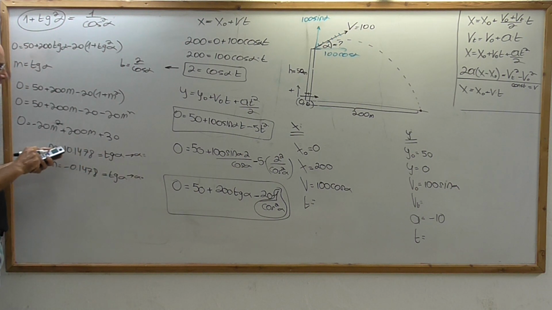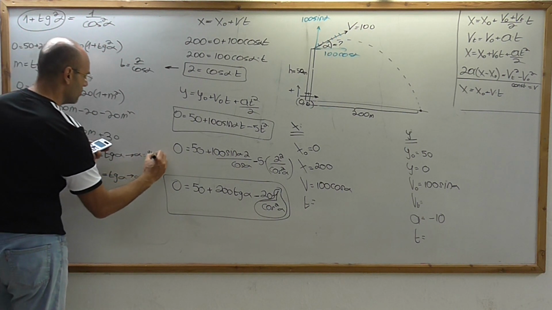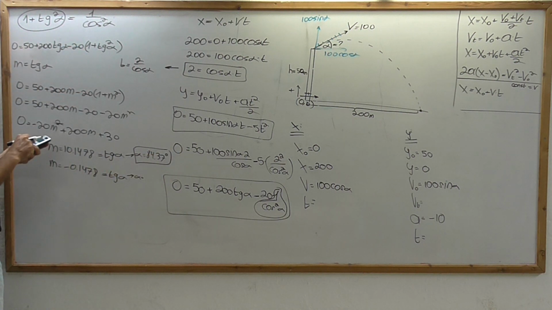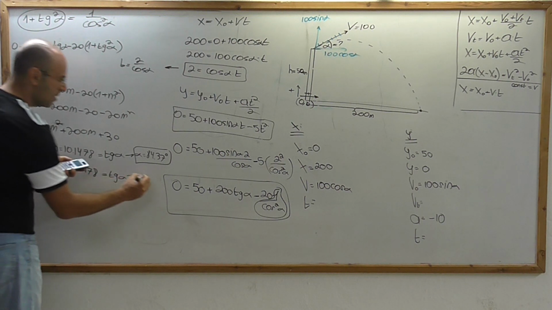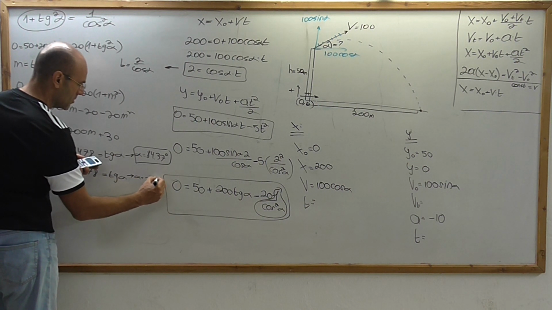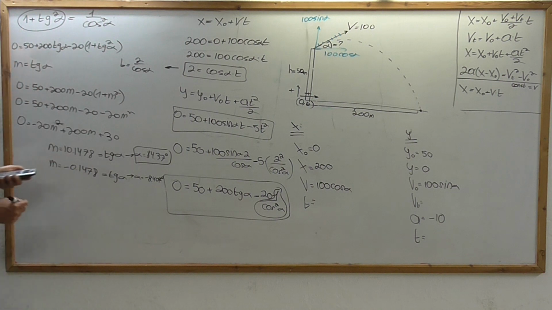If I do shift tangent, mode 1, shift tangent of 10.1478, I'll get 84.37 degrees. And if I do shift tangent of minus 0.1478, I'll get minus 8.407 degrees, if I was not mistaken.